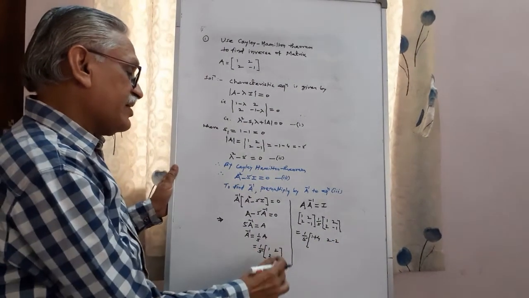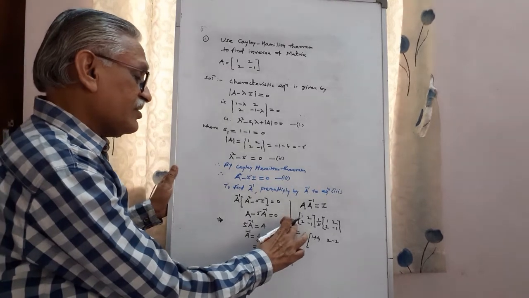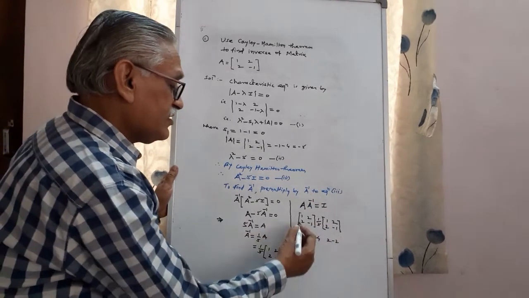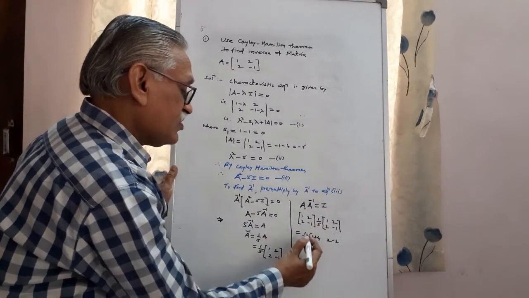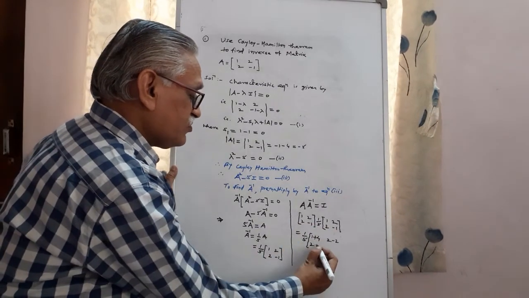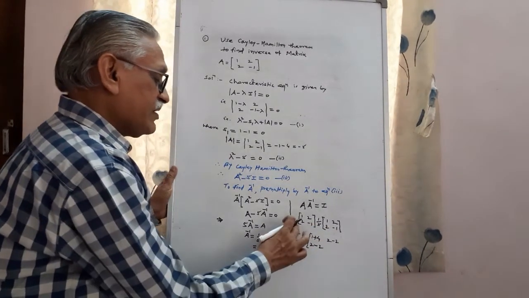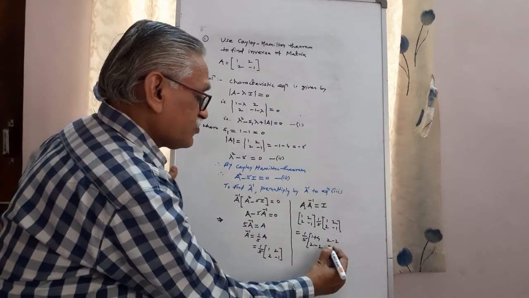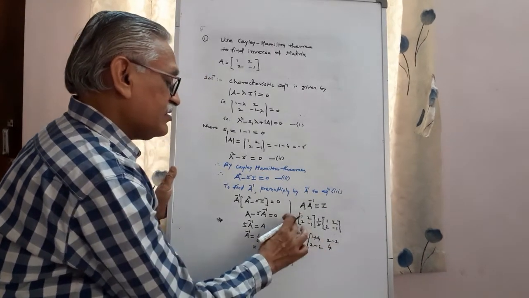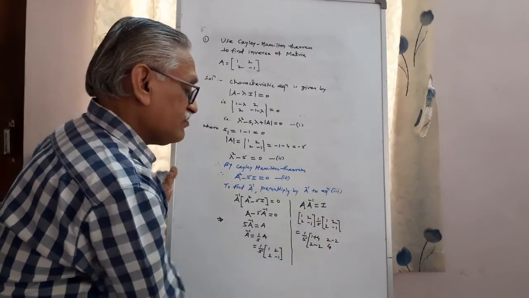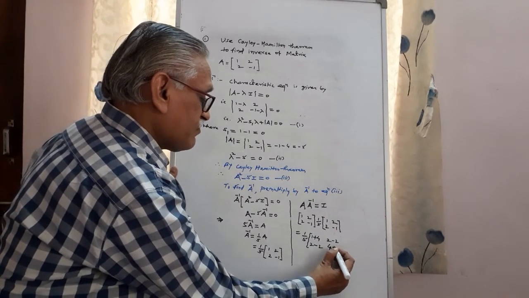Next, this row by this column, 2 ones are 2 and minus 1 into 2 is minus 2. Then this row by this column, 2 twos are 4 and minus 1 into minus 1 becomes plus 1.